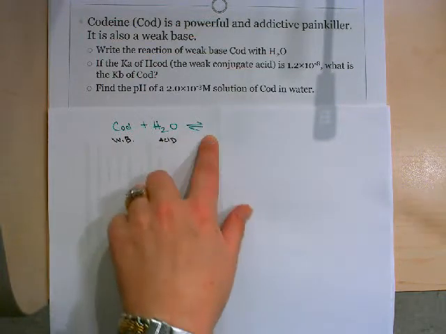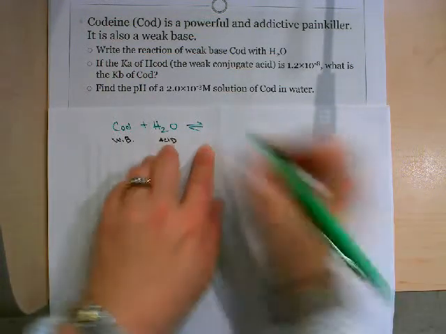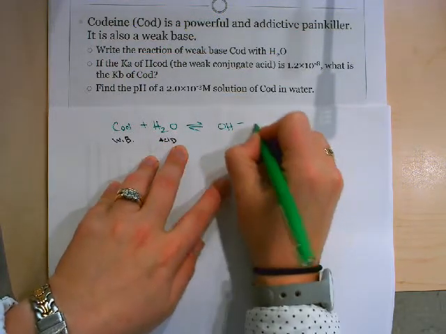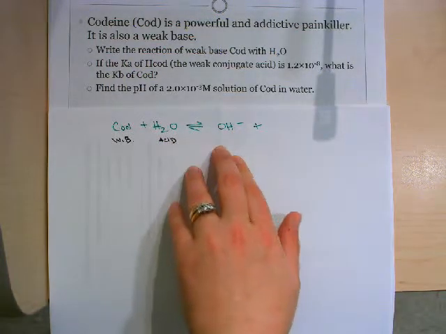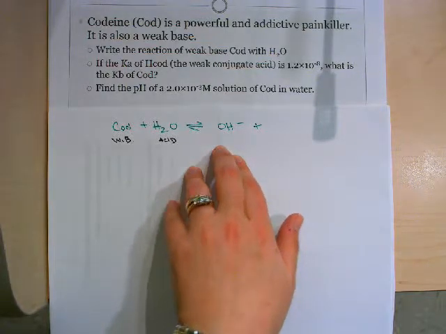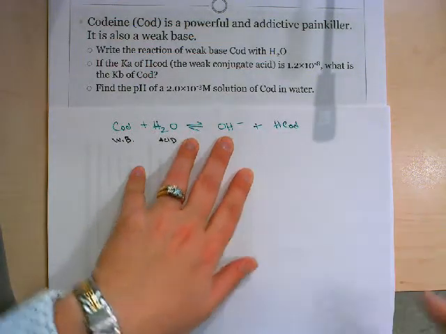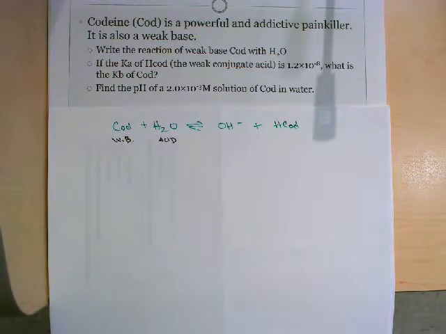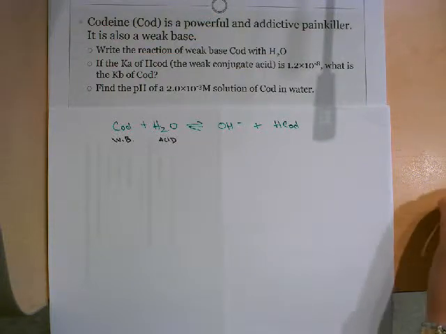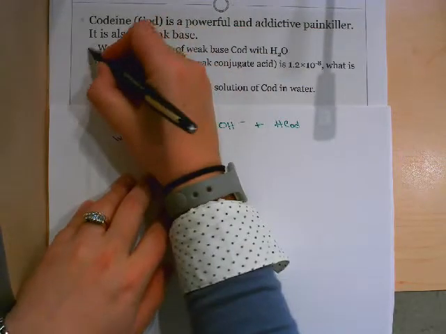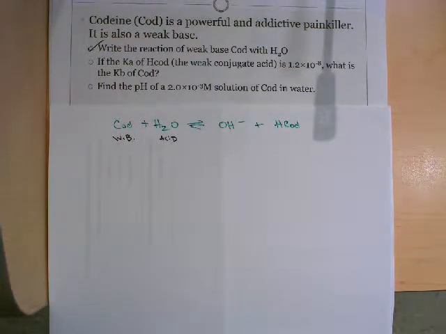It's going to give away, so what has to be one of the products? OH minus. If it's given away a proton, who has taken a proton? The codeine. I'm going to just call it HCOD, indicating that it has an extra proton that it doesn't normally have.